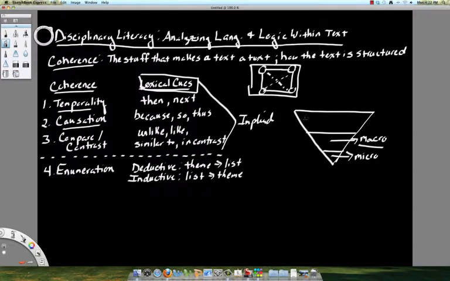When students get really sophisticated with this, we can take a look across texts. When this happens, students are able to really create their own meaning in really academic and really higher order ways.